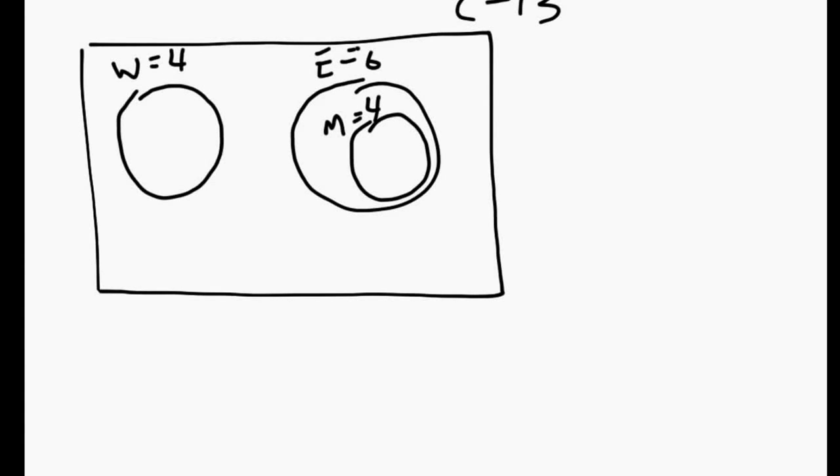There was 4 of those as well. And then we just had our 3 territories that were on the outside, so we can just show a 3 like that.